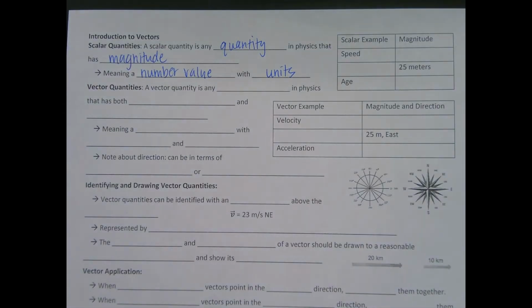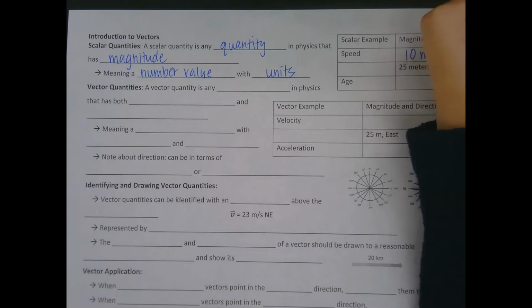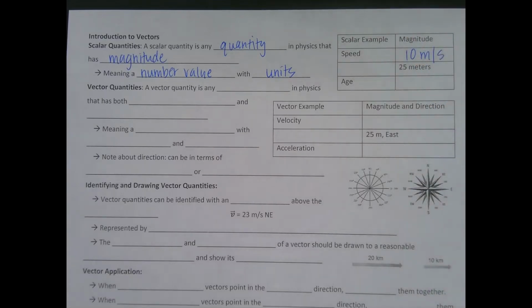Okay, so if we're looking at some examples here, speed, we've talked about speed and velocity and the difference between them, right? That was from the last unit. So we know speed is a scalar quantity when it has a number and a unit. So let's just say 10 meters per second. That's a number and a unit. If I'm looking at 25 meters, what's that?